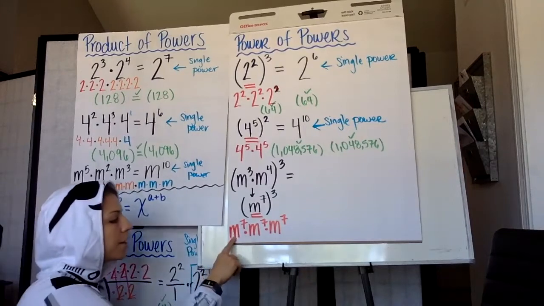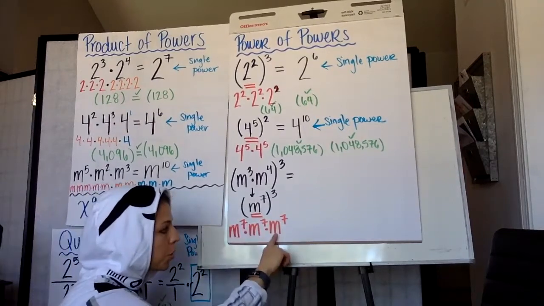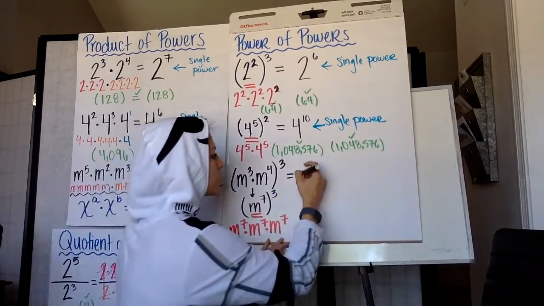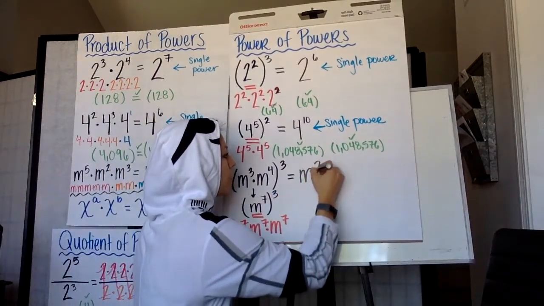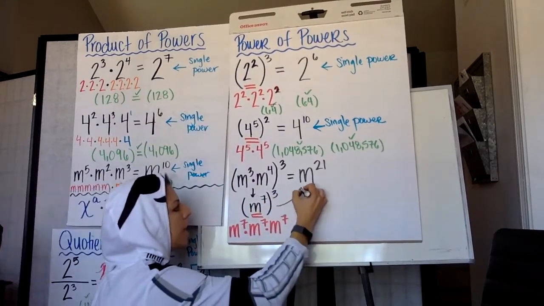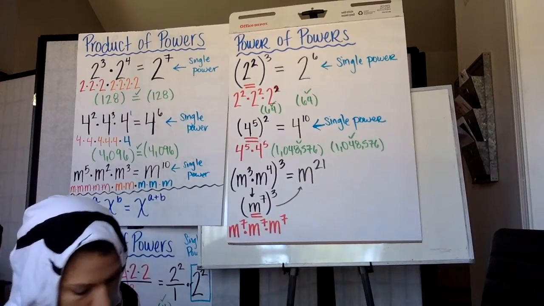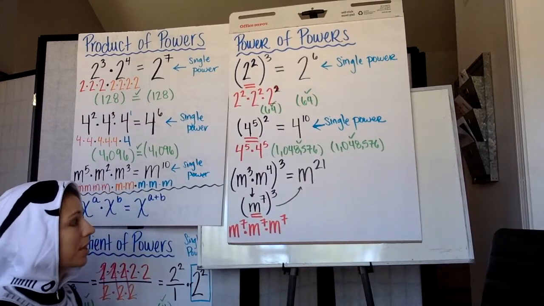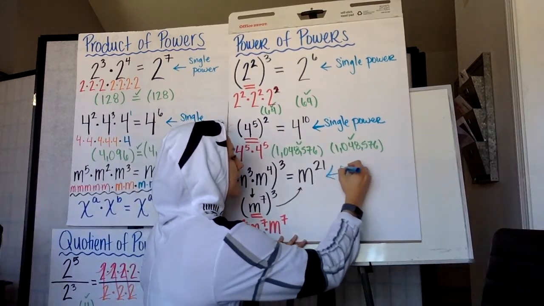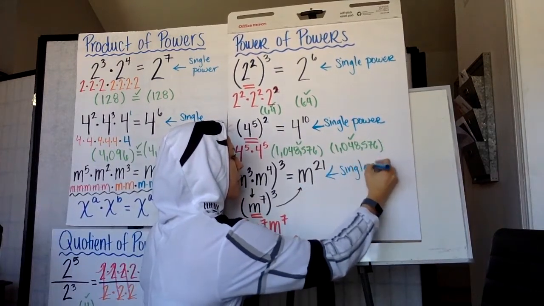I've got 7 m's here, 7 more m's here, and 7 more m's here. 7 plus 7 is 14, plus 7 is 21. Crazy, right? So that also equals m to the 21st power. Now we can't check that using a calculator because we're using variables, but that's okay. We call this a single power.